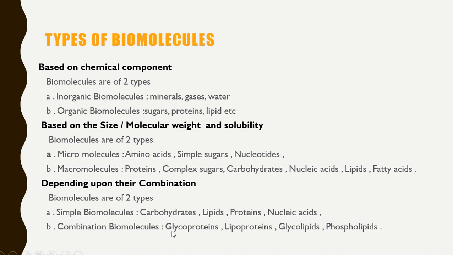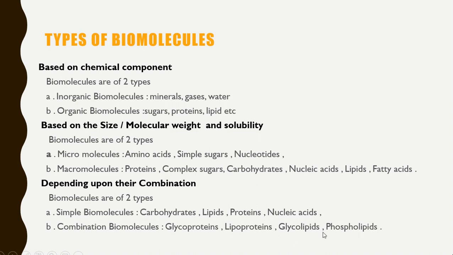But coming to the combination, here for example, see here, glycoprotein. So here is a combination of two things. One is your carbohydrate, that is glycogen, and another one is a protein. So glycoprotein, lipoprotein, lipids plus proteins, glycolipids, same, your carbohydrate plus lipid, phospholipid, phosphate group plus lipid.